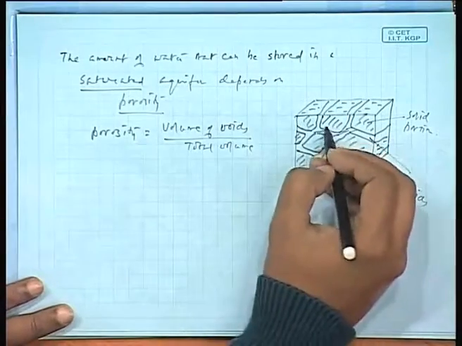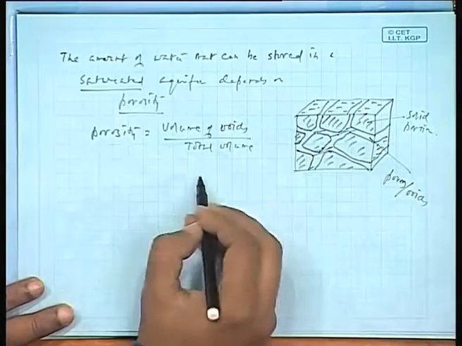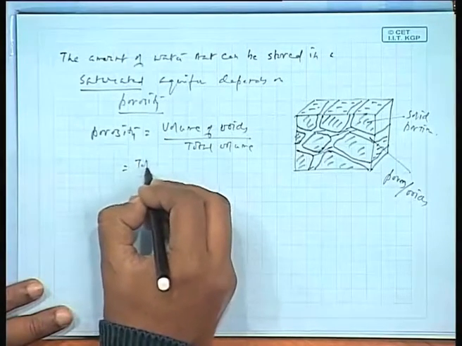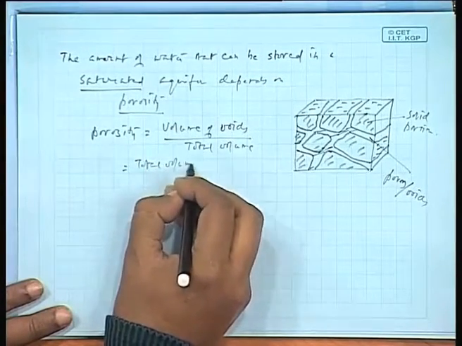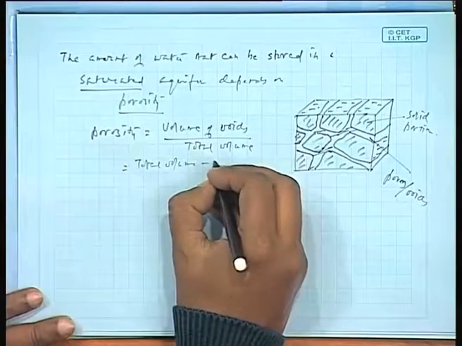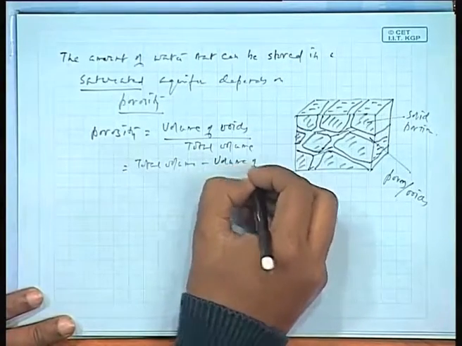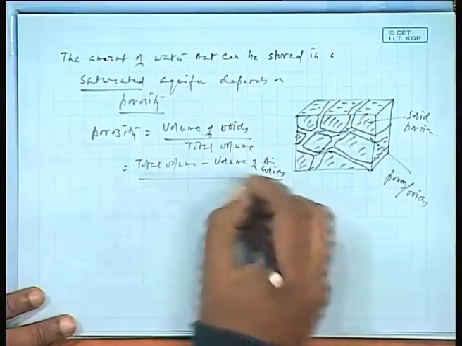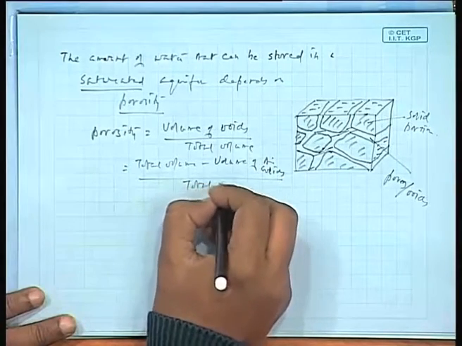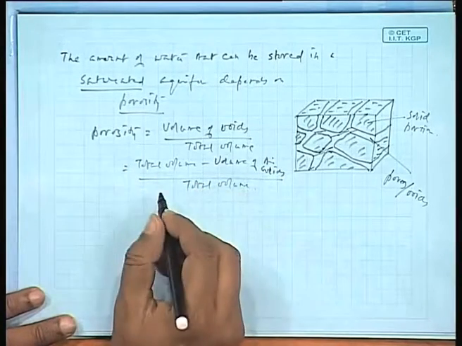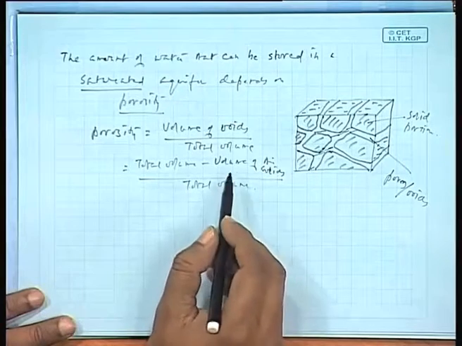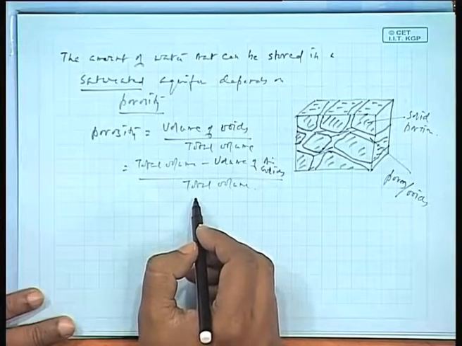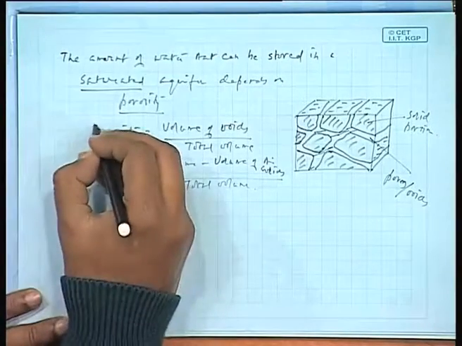So the total volume of the voids divided by the total volume, or it can be total volume minus volume of the solids divided by total volume. Total volume is the volume of voids plus solids. Okay, so this is what porosity is.